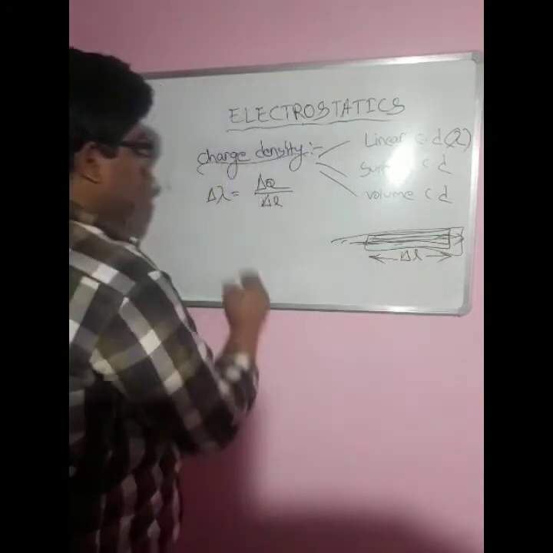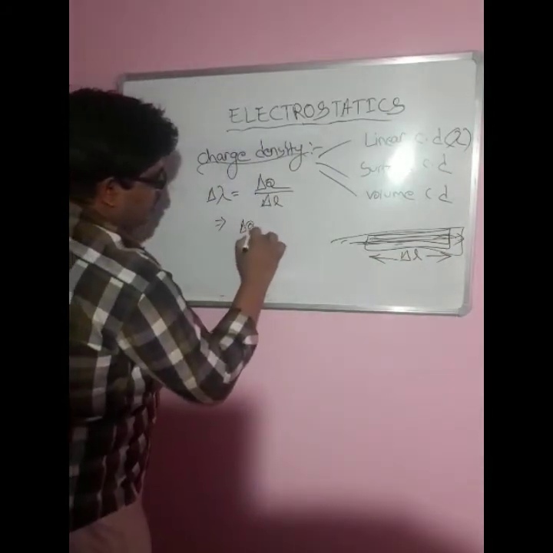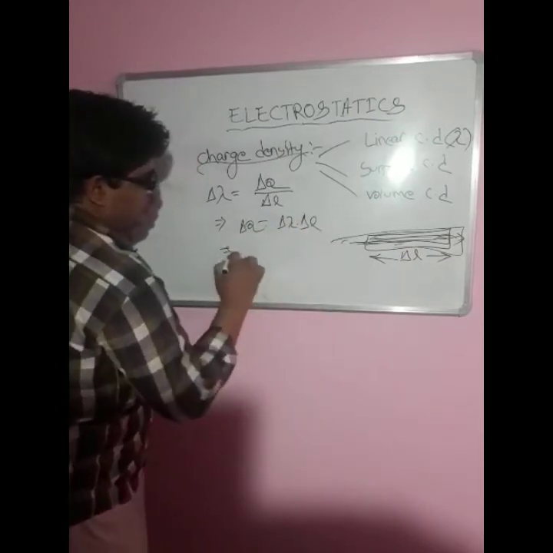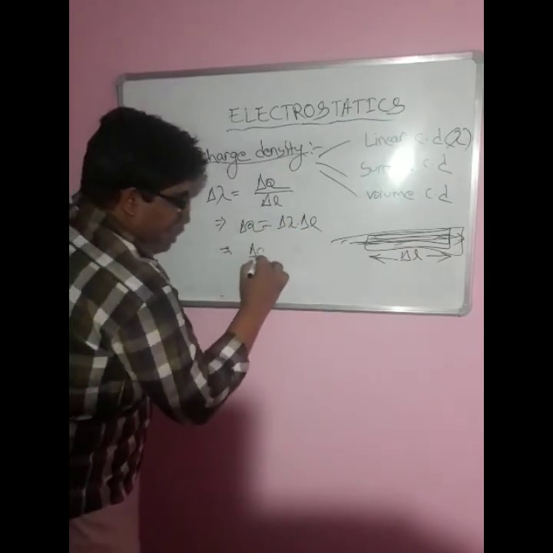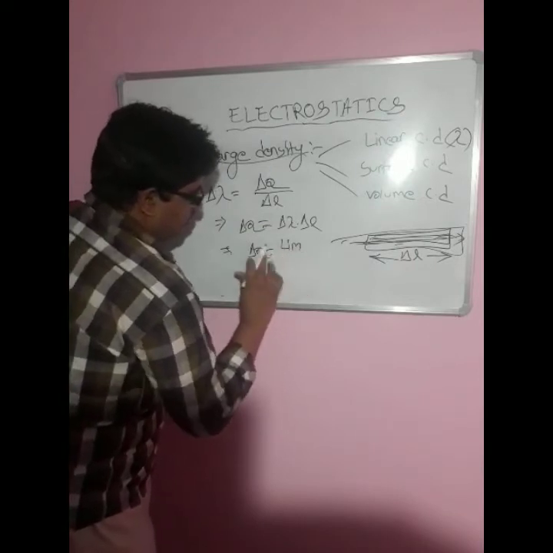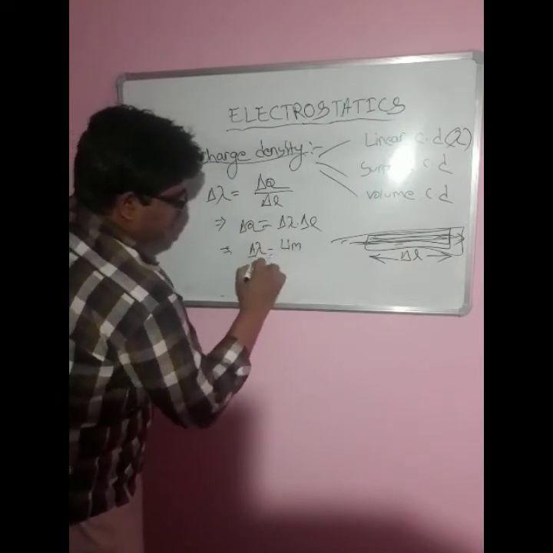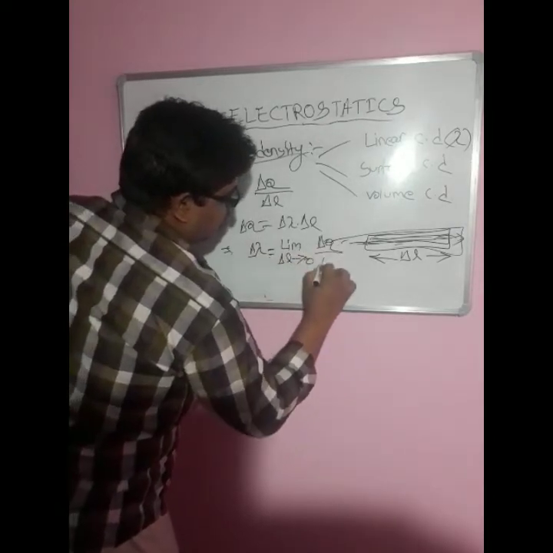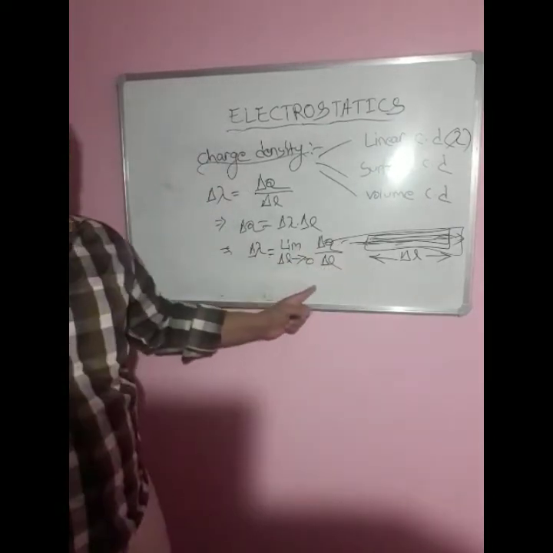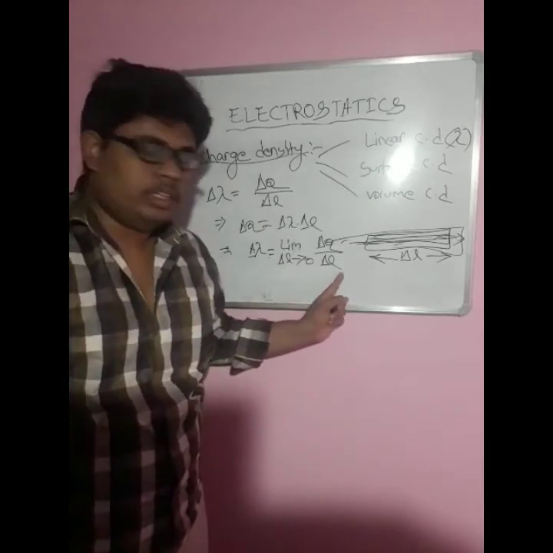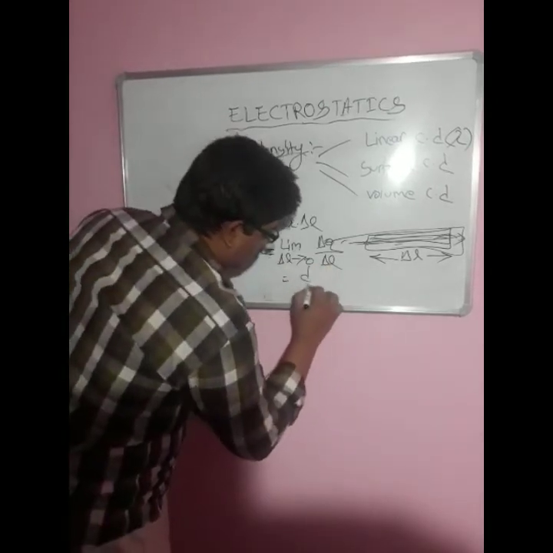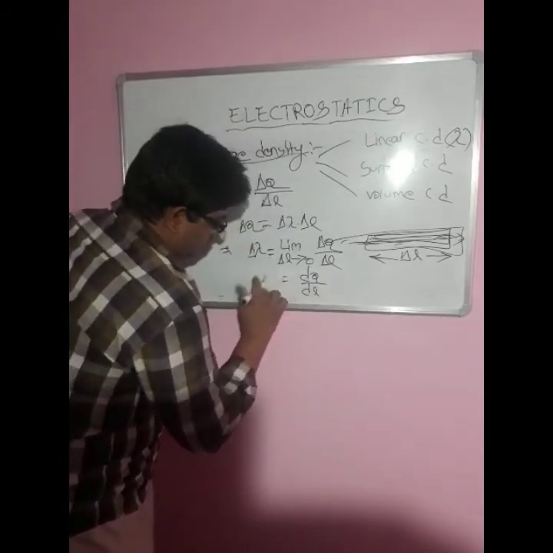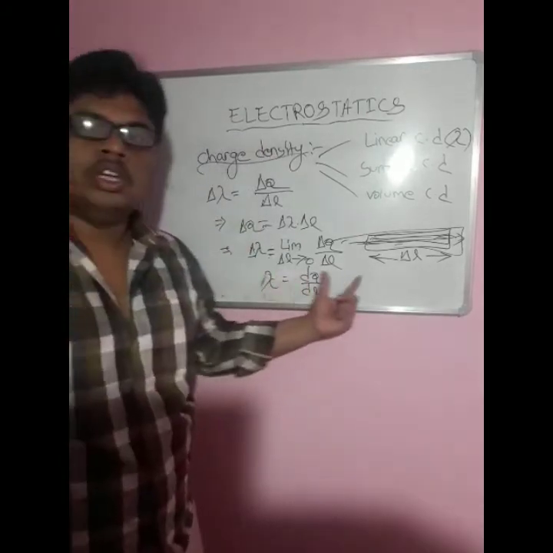For a huge section, we can write del q is equal to lambda into del L. For a point, I can also write lambda is equal to limit del L tends to 0 del q by del L. For a point charge, I can write lambda is equal to dq by dl.